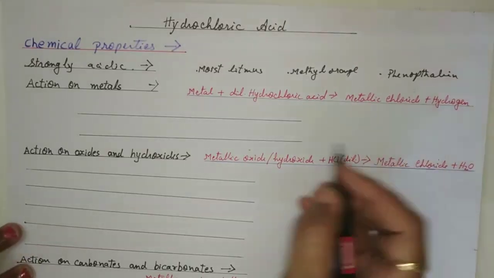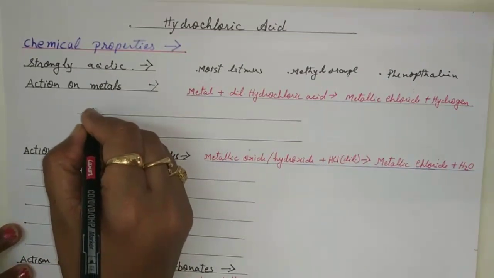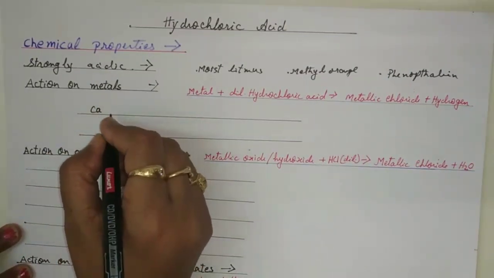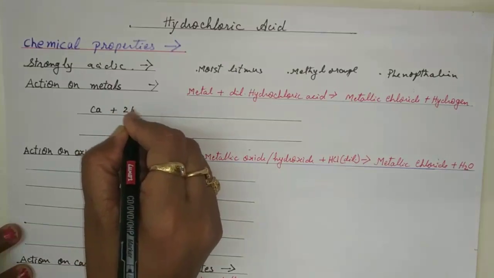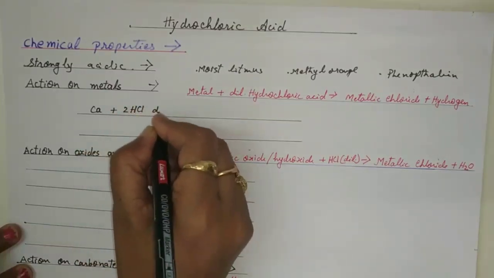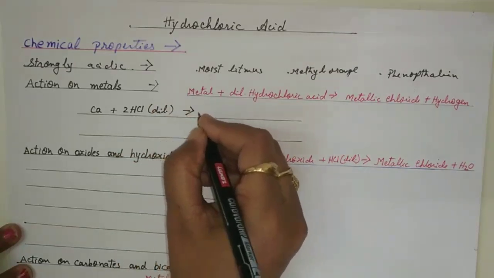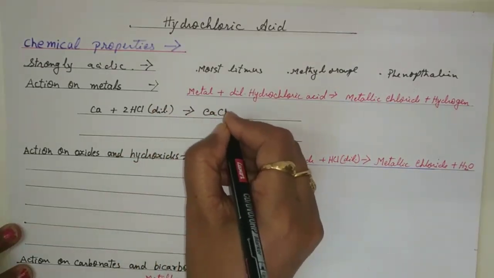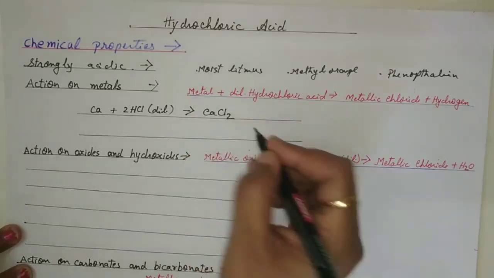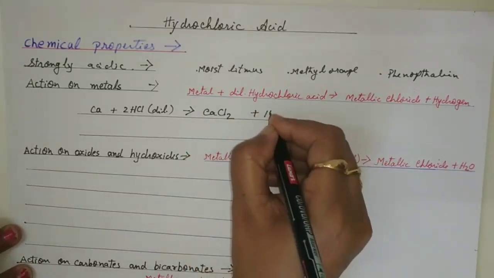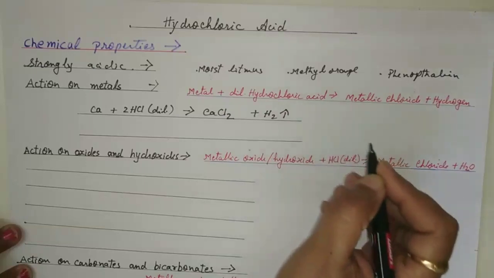So the reaction could be, say, calcium plus HCl dilute will give you the salt, the metallic chloride. Here calcium is the metal, so calcium chloride and hydrogen gas.